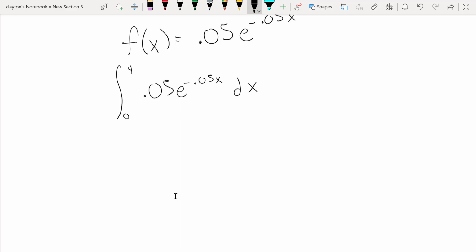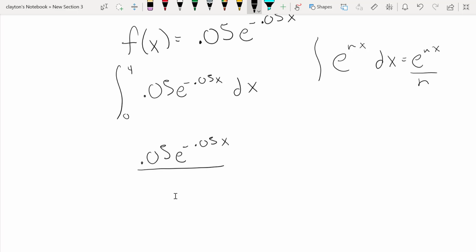When we integrate, we have 0.05 e to the negative 0.05 x all divided by, I'll write this short rule over here, this is going to be e to the nx over n. Of course, there's a plus c, but we don't really need that right now. These will cancel each other out, and we're left with e to the negative 0.05 x. And we're trying to evaluate this between 0 and 4.